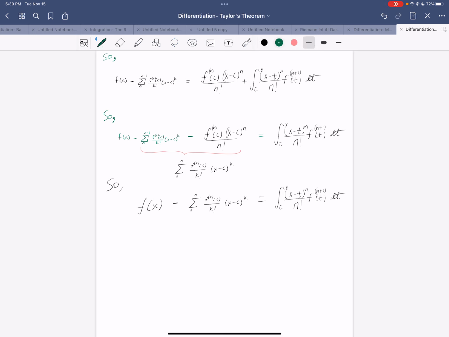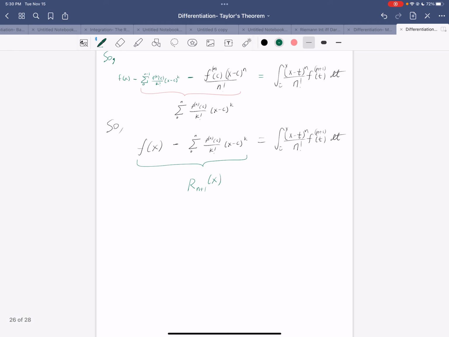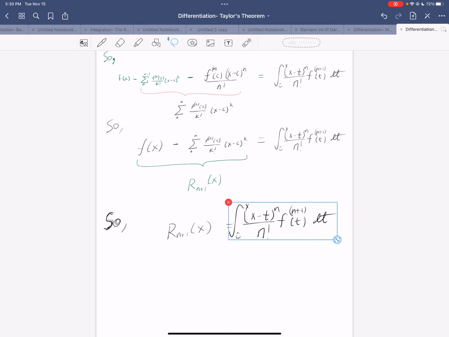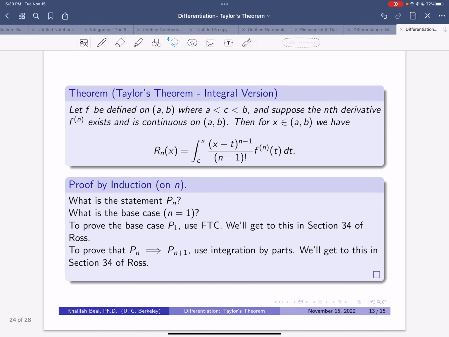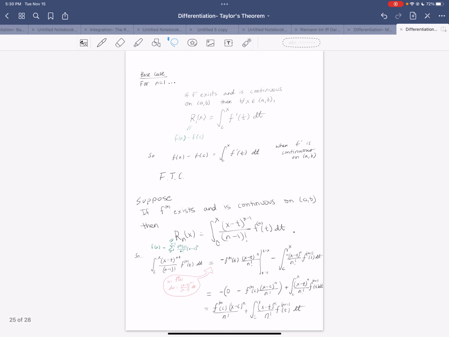But do you notice this is R sub n+1 of x? So, just to make it very clear, R sub n+1 of x is equal to this, right? Which is what we wanted to show, right?